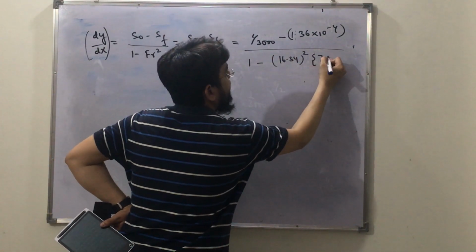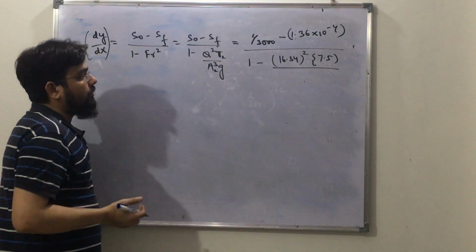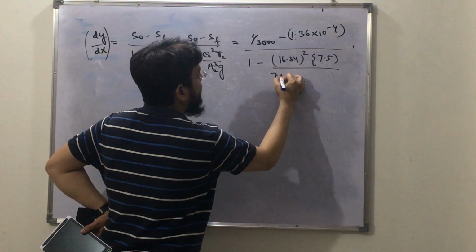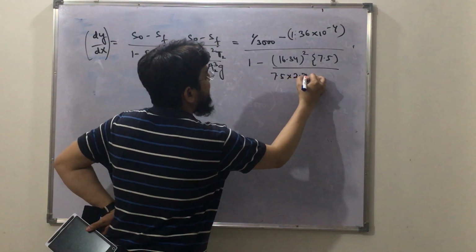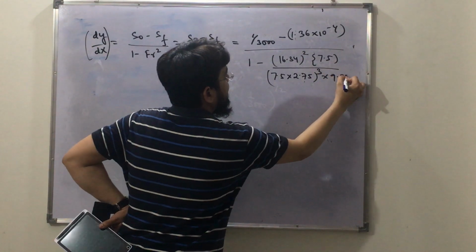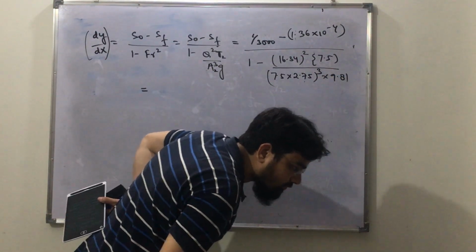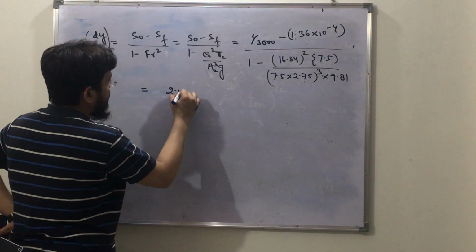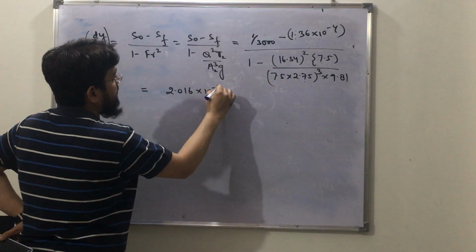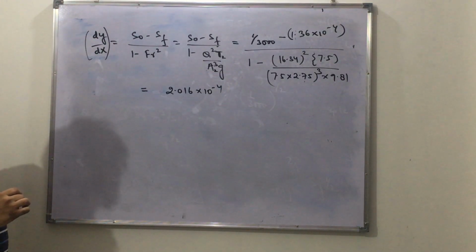So 7.5, Q square T upon A cube G. What is A? Area is 7.5 into 2.75, into G, 9.81. Solving this value, we get dy by dx is equal to 2.016 into 10 to the power minus 4. Correct?